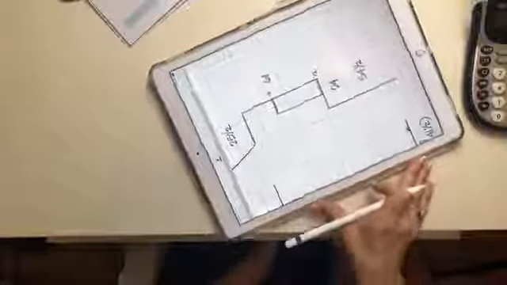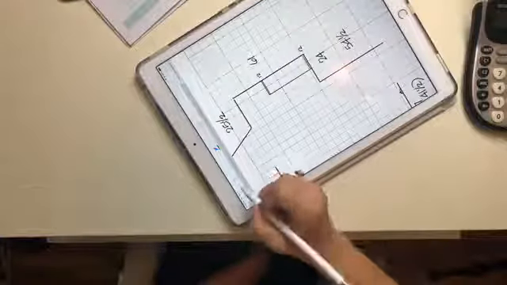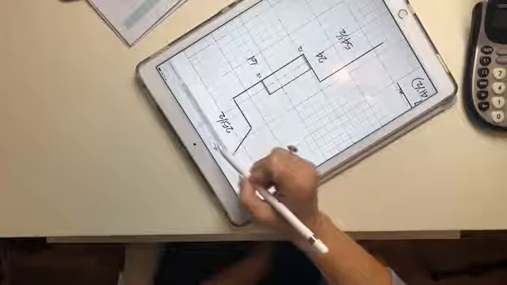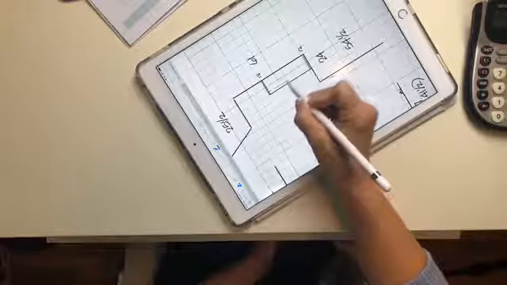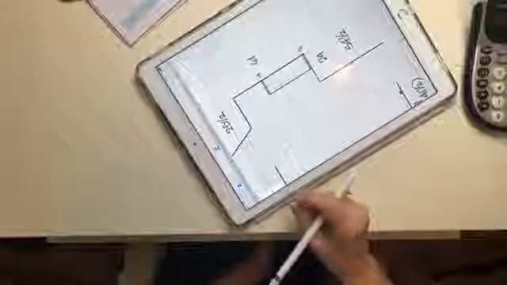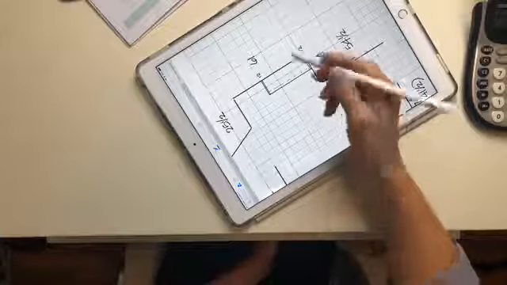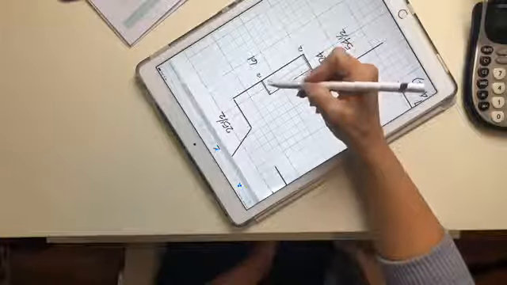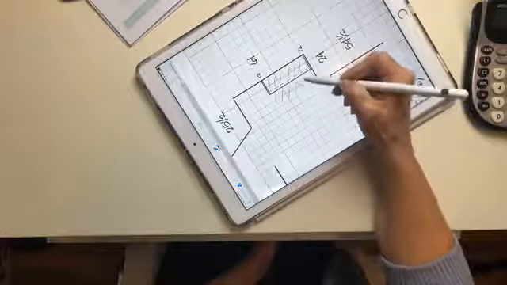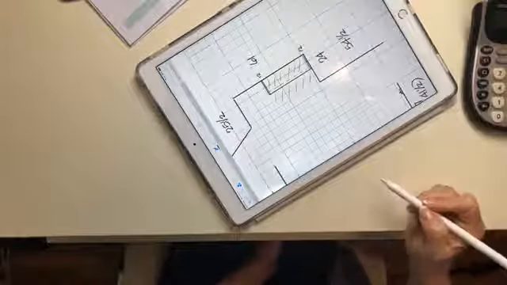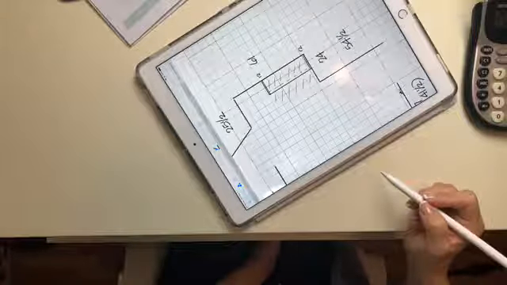Okay, if you want to get fancy, you can draw in that the rod is going to be right here. So that's where the rod is going to be, and then the clothes are going to hang back here and up here. So that's the space that section is taking up.